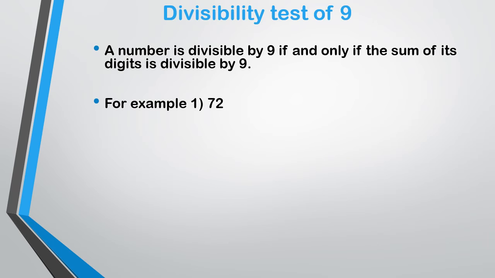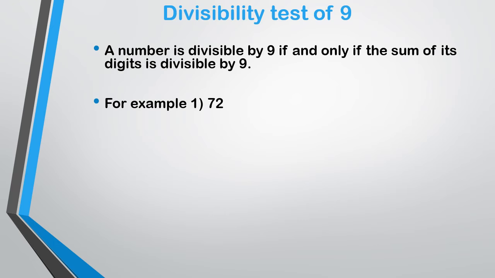But for 3, 6 and 9, we have to find the sum of digits, and then we have some process. But for 2, 5 and 10, it is simple.